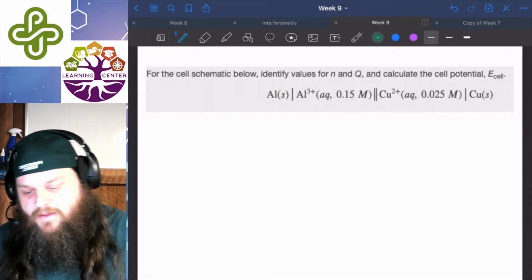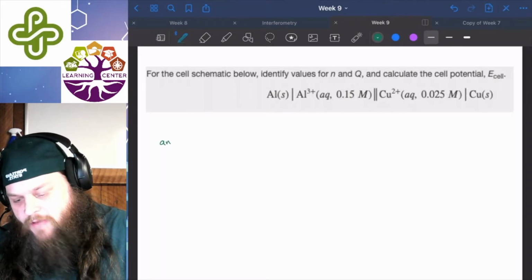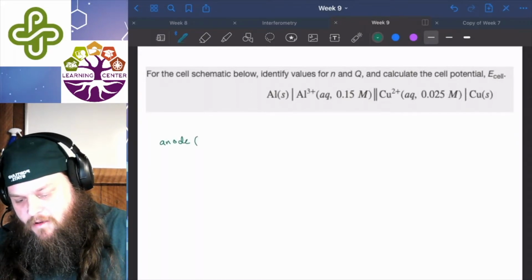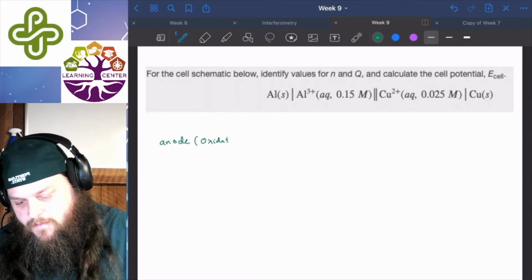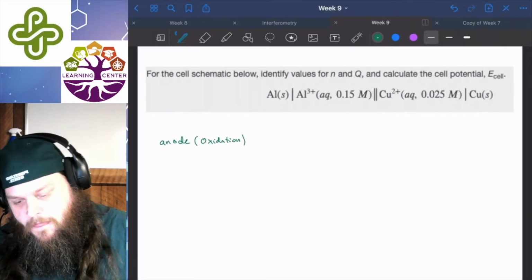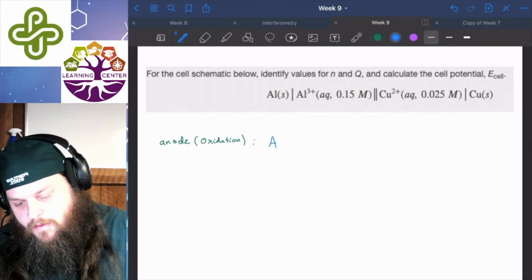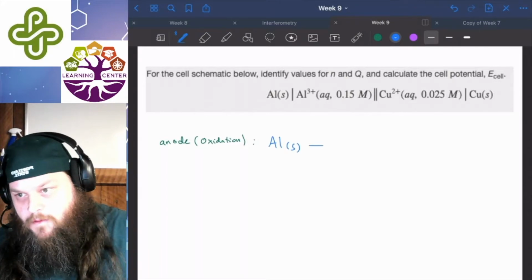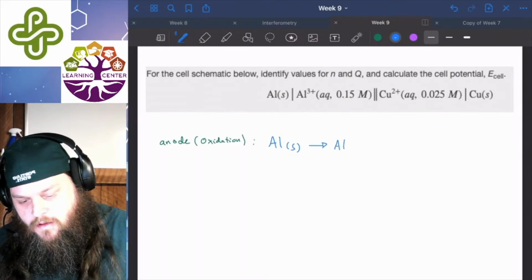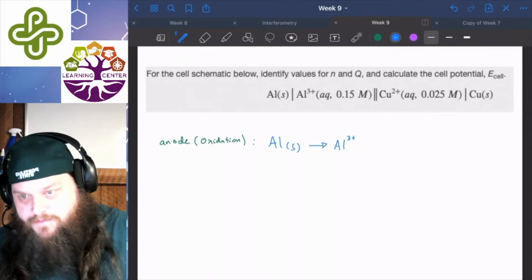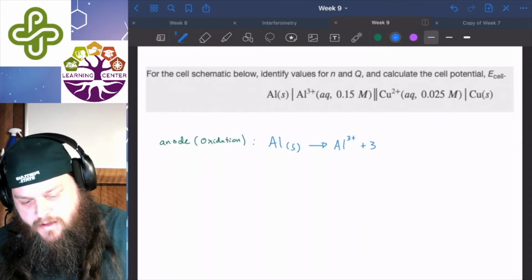So if we were to write this out, the half reactions, the anode, which is the oxidation, would be the aluminum solid will produce aluminum 3 plus and 3 electrons.